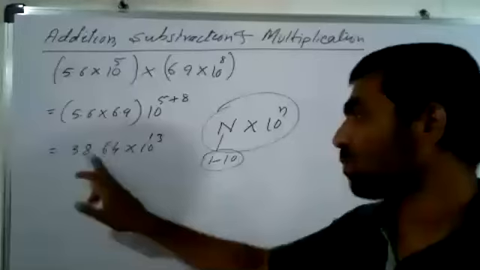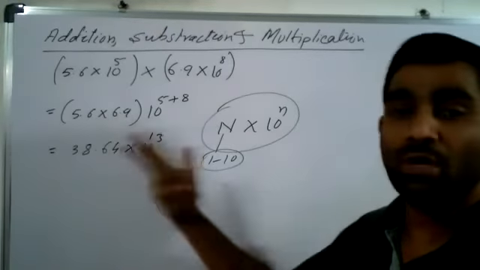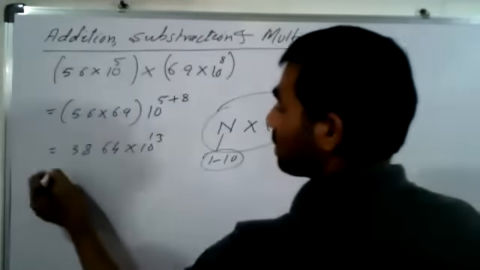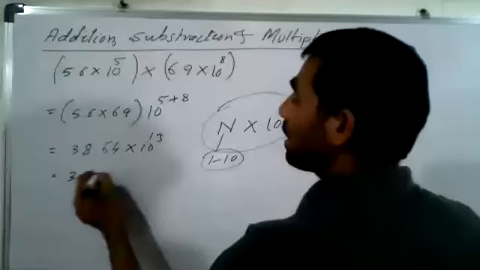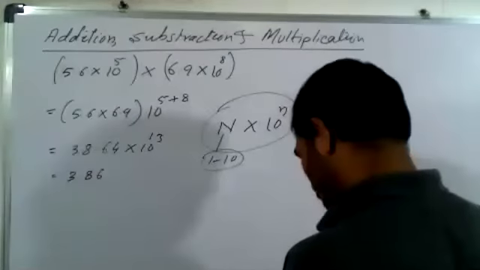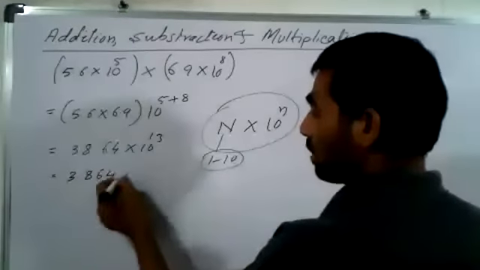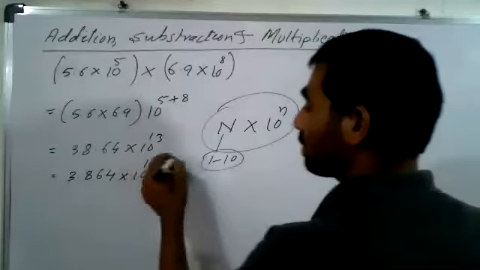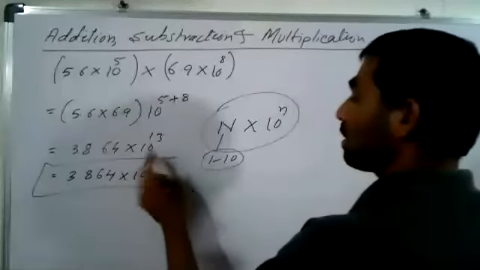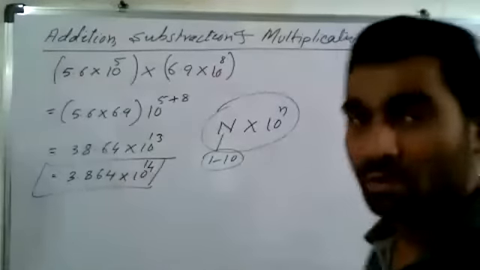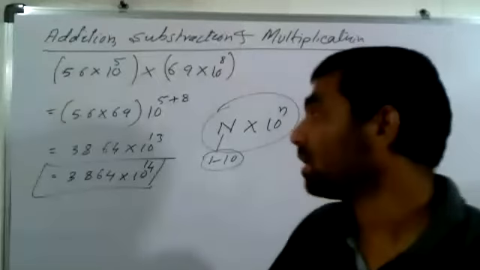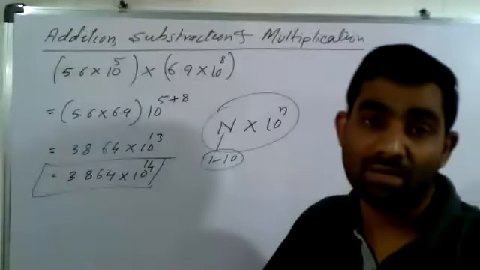If we shift the decimal point, the exponent automatically shifts to 14. So now we can say 3.864 into 10 to the power 14. This is the correct expression for the multiplication operation.